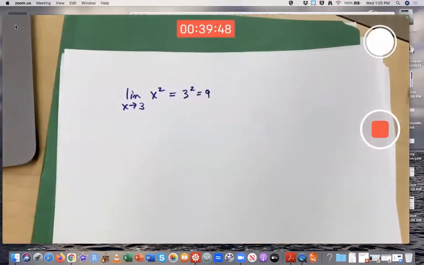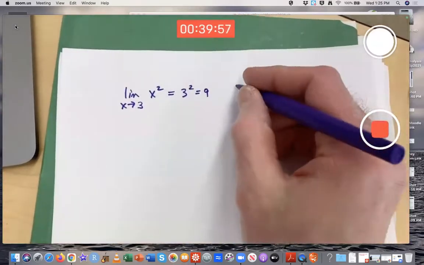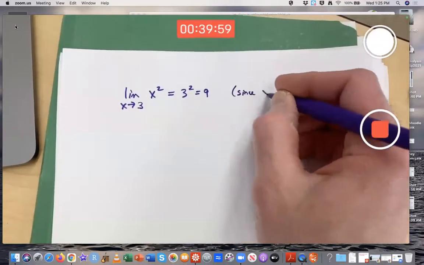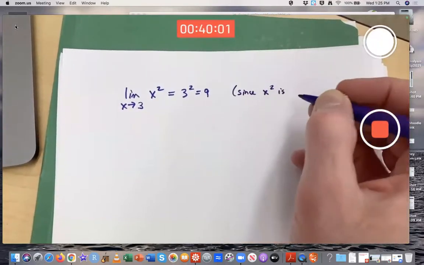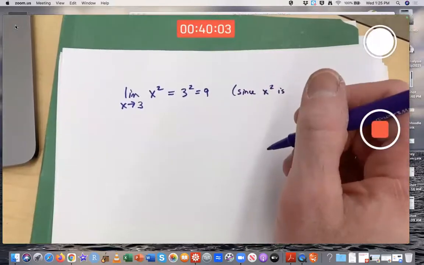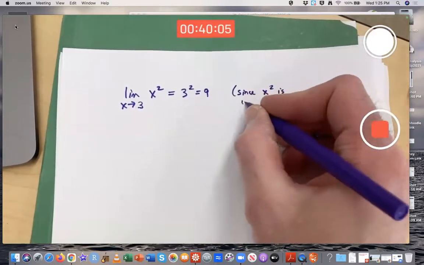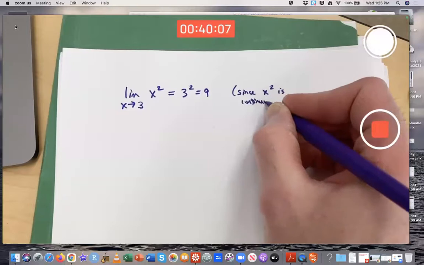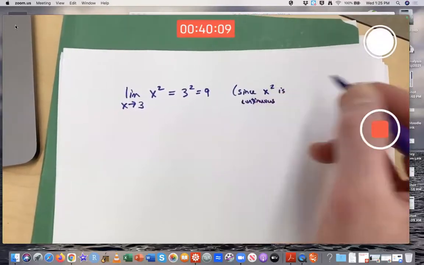Why? Because x squared is a continuous function of x everywhere, no matter what x is, and therefore, by the continuity, since x squared is continuous everywhere, and in particular at x equals 3, I'm being a little sloppy here. I'm not giving the function a name.